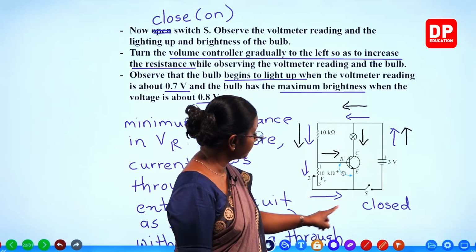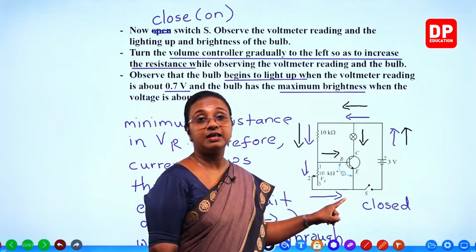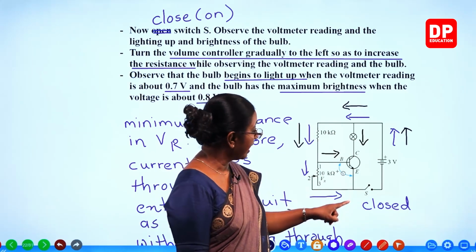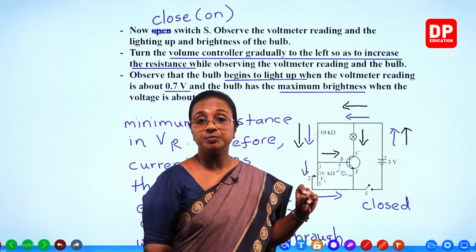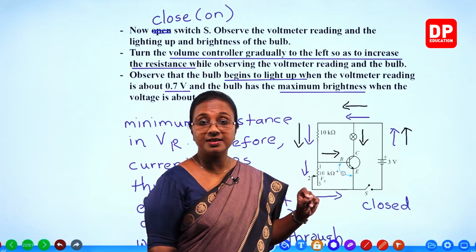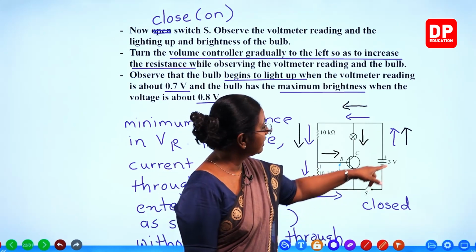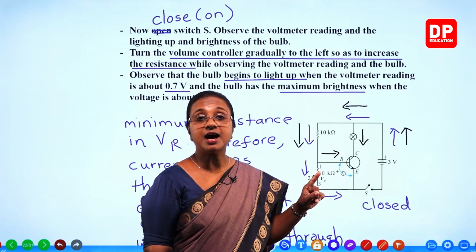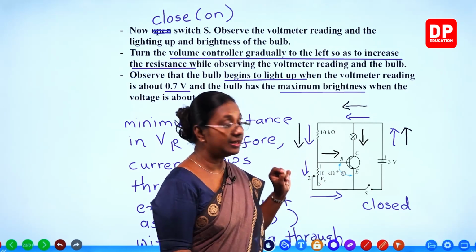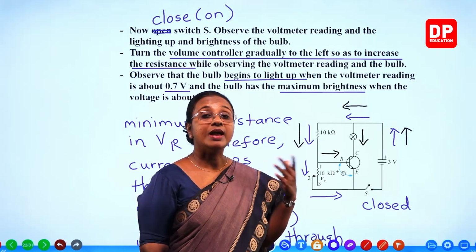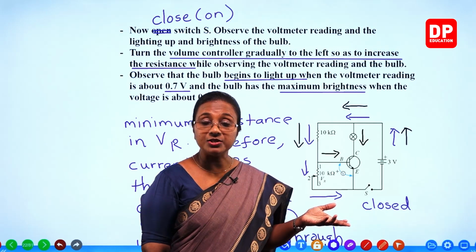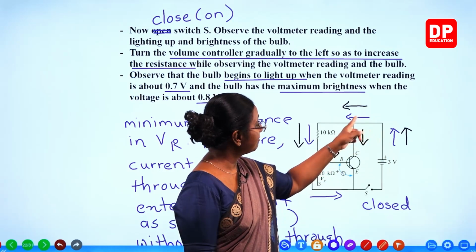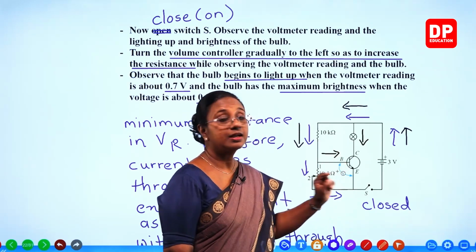The resistance of the external circuit increases, and when the potential difference is 0.7, you can see there will be a current flowing through the base. That is the IB current, shown by the black color arrow. So when there is current flowing through the base of a transistor only, there will be current flowing through the collector.